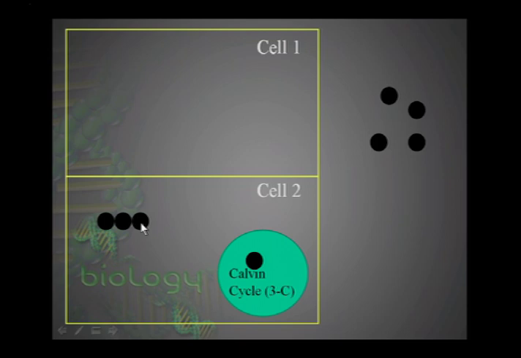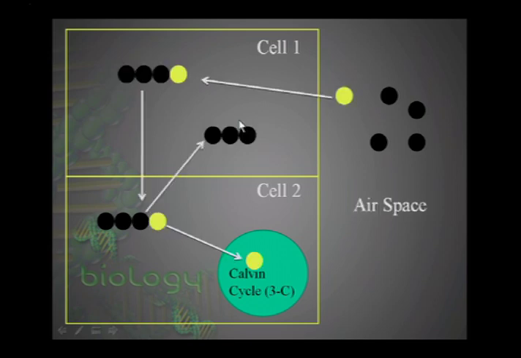And then this 3-carbon molecule will follow its concentration gradient back to the original cell where it can pick up more carbon dioxide. So again, this is known as the 4-carbon pathway because a 4-carbon molecule is formed here. And then that will give up a carbon dioxide in the adjacent cell and then follow its concentration gradient back.